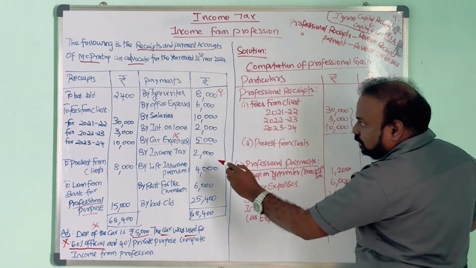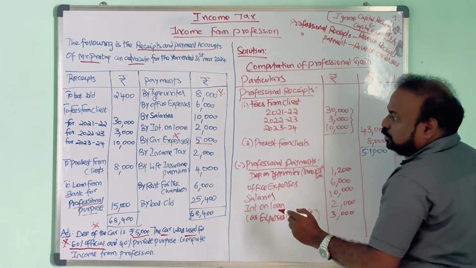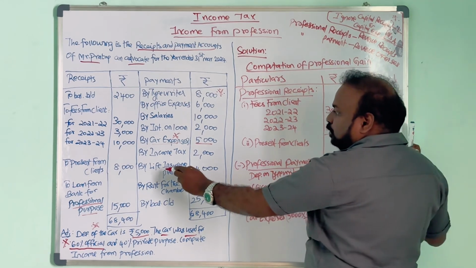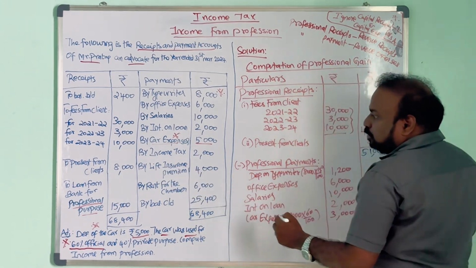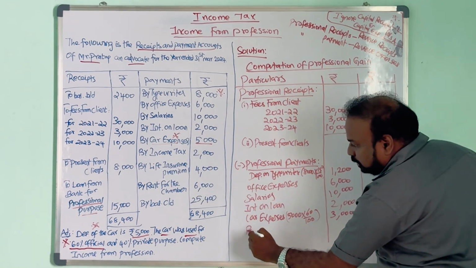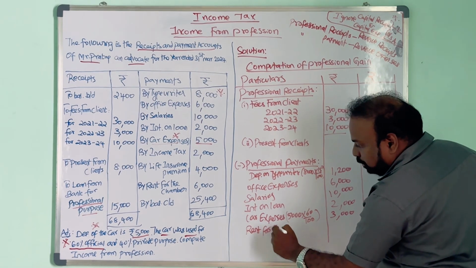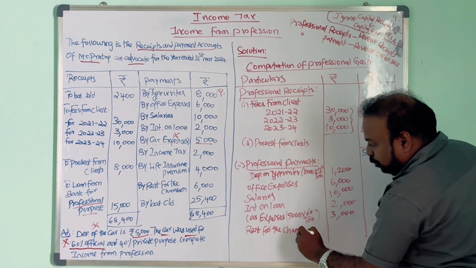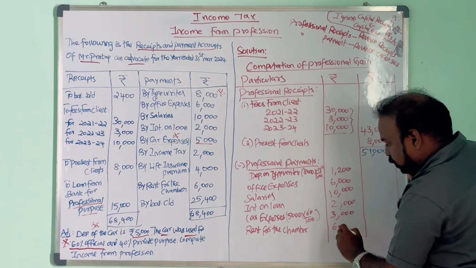Then income tax is a personal expenditure that should be ignored. Life insurance premium is also a personal expenditure, that also should be ignored. Then rent for the chamber, that is 6,000.